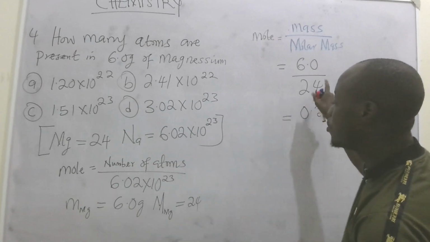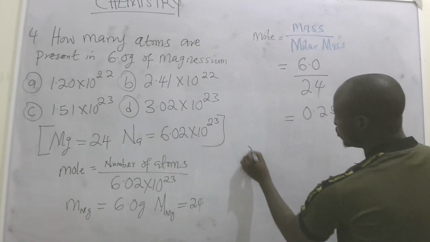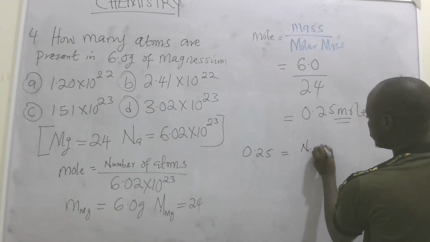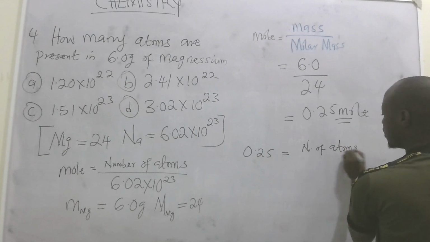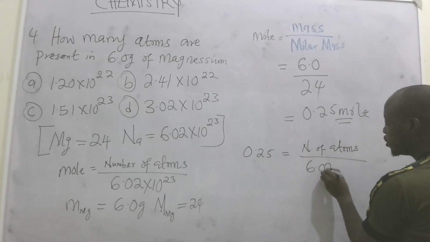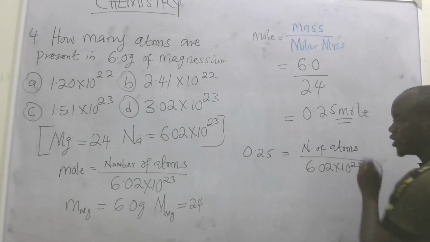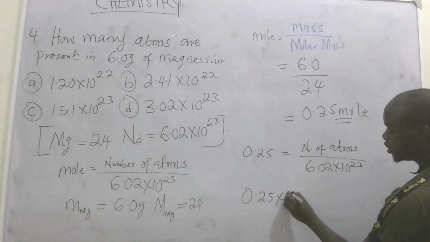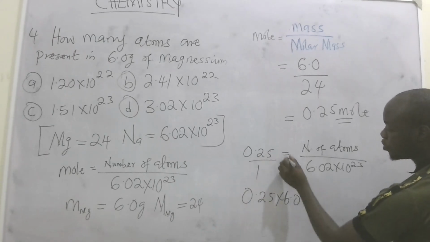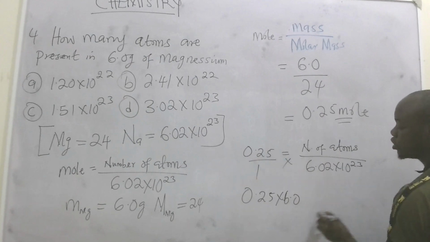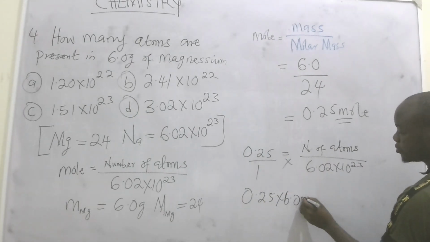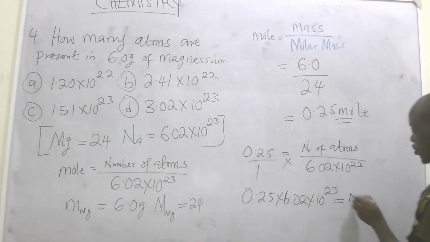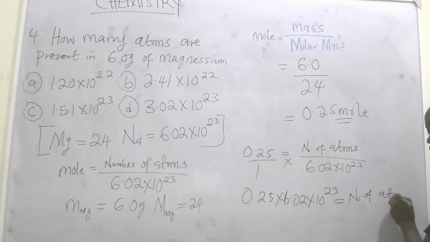So now we have our mole, which is 0.25, equal to the number of atoms divided by 6.02 times 10 raised to the power of 23. We cross multiply: 0.25 times 6.02 times 10 raised to the power of 23 is equal to the number of atoms.